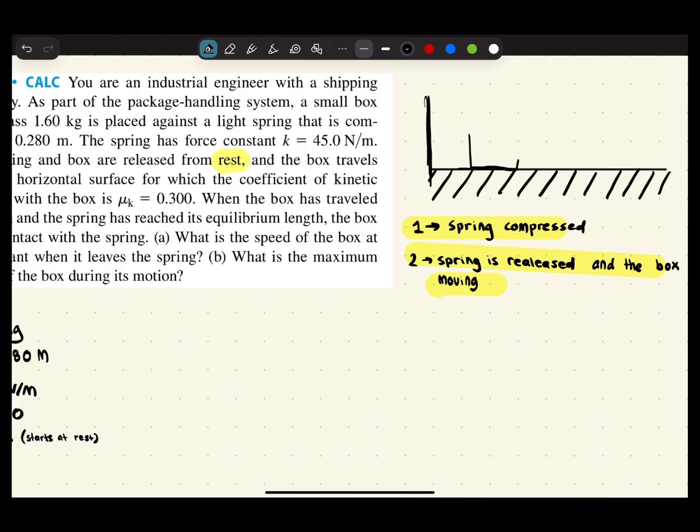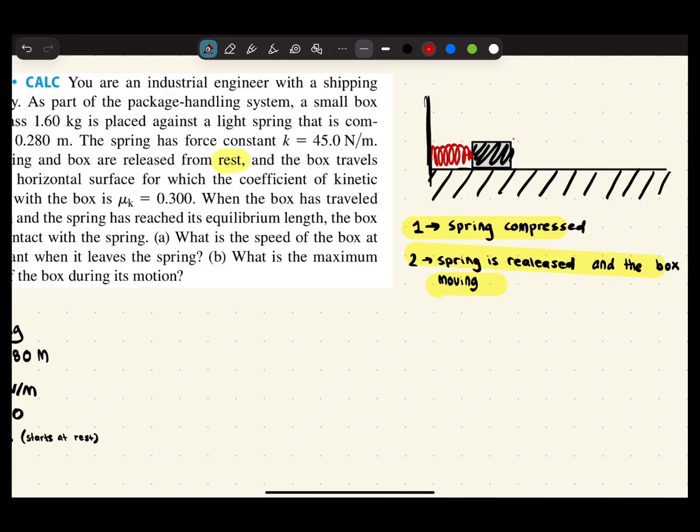So we have a nice box right here. That's not a box. Okay, that's better. And there's a spring that the box is against.